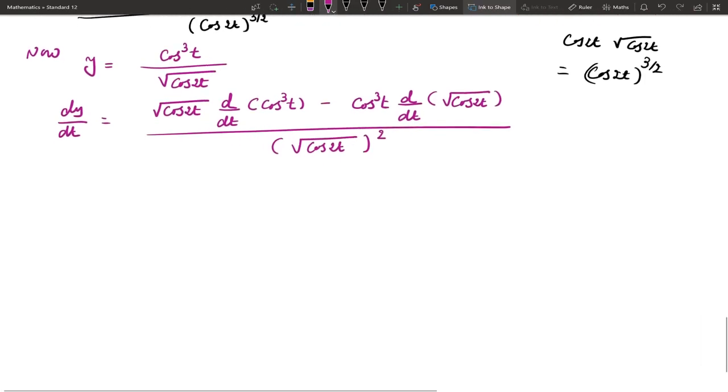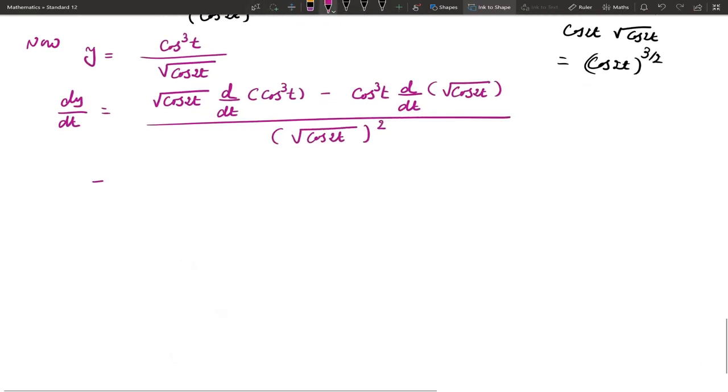So again we differentiate. This is root cos 2t into 3 cos square t, into, by chain rule, d by dt of cos t, which is minus sin t.